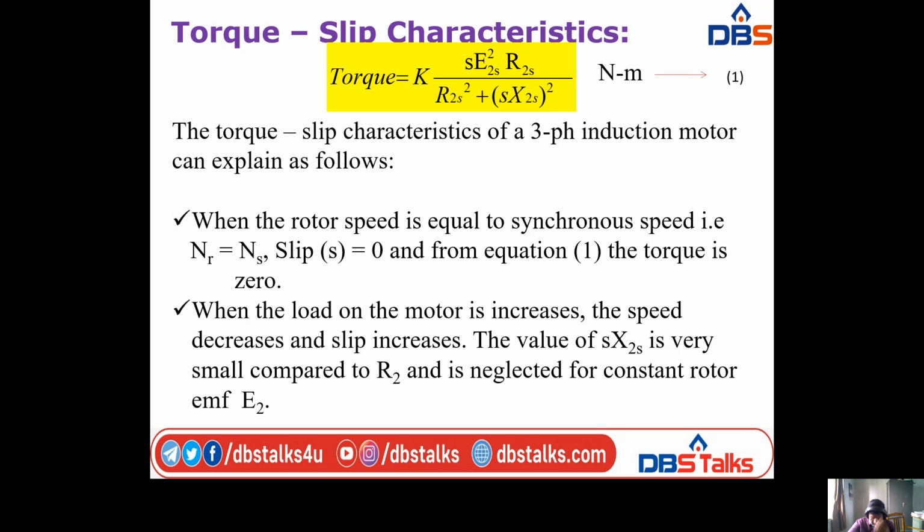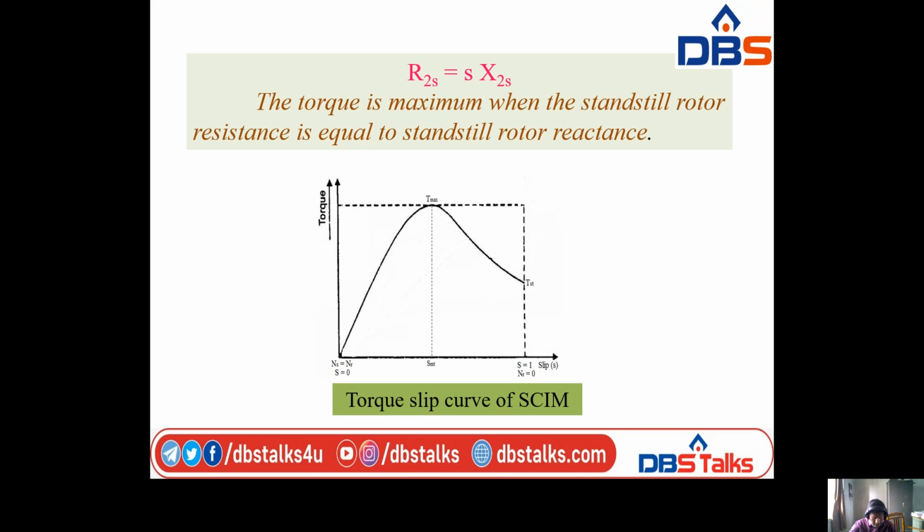Now I have to explain the torque slip characteristics. It consists of three regions: one is the low slip region, another is the medium slip region, and another is the high slip region. In these three regions, torque is proportional to slip or torque is inversely proportional to slip.